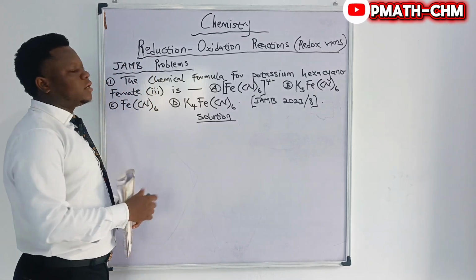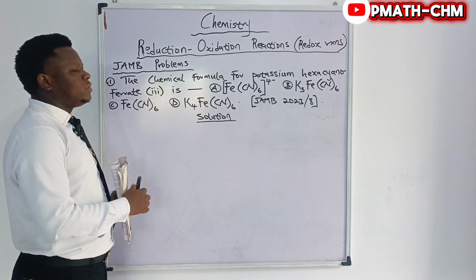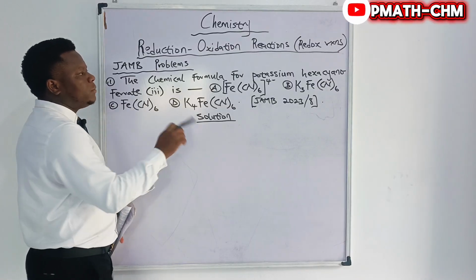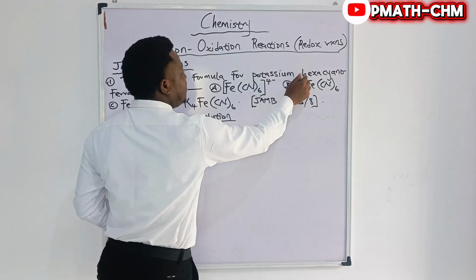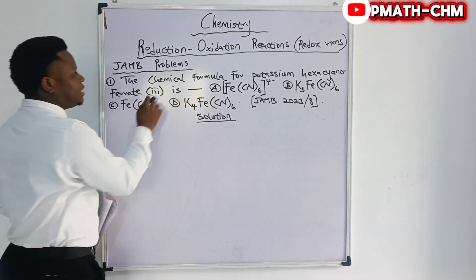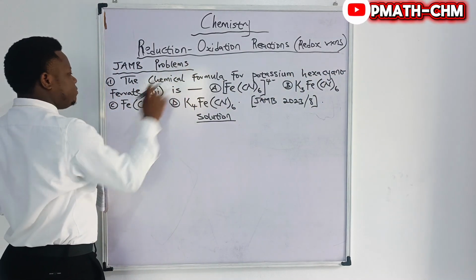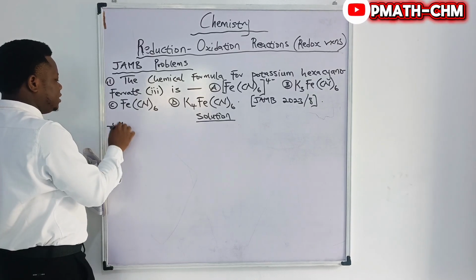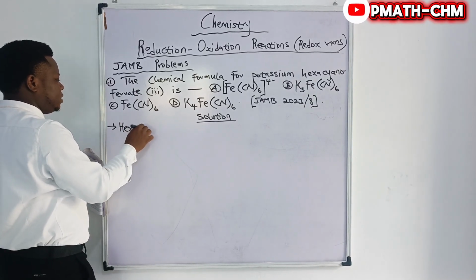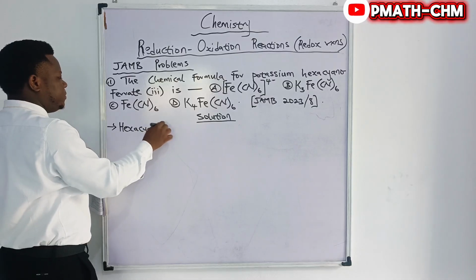Now, how do you tackle this if you see this in your exam, using your knowledge of oxidation number? Firstly, deal with the radical part, which is hexacyanoferrate 3. So I'll pick just that part first and deal with that.